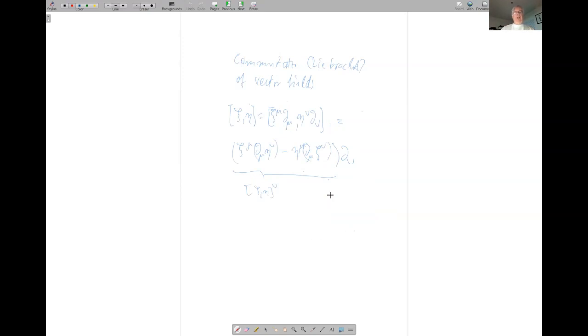The realization of vector fields as differential operators also explains how I can define the commutator of vector fields. This is called the Lie bracket. So the commutator of two vector fields is just the commutator of the corresponding differential operators, the same way as we would do it in quantum mechanics.